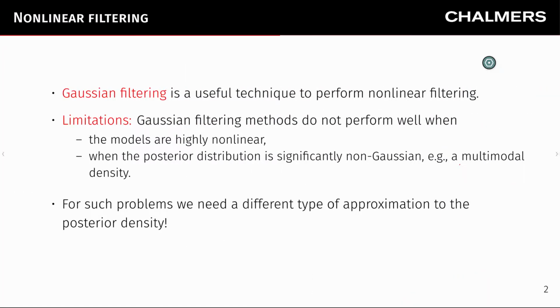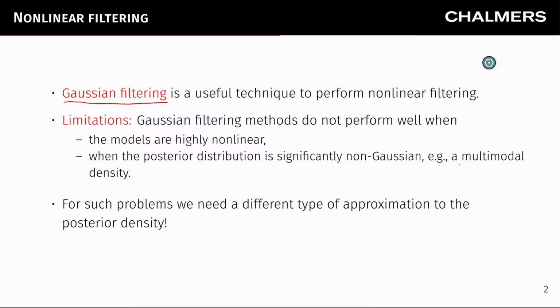Up until now we have focused on Gaussian filtering. That is, filters that try to approximate the posterior as a Gaussian density. Although these are very useful in many applications, they also have their limitations. Examples when Gaussian filters do not perform as well are, for example, when the process or measurement models are highly nonlinear.